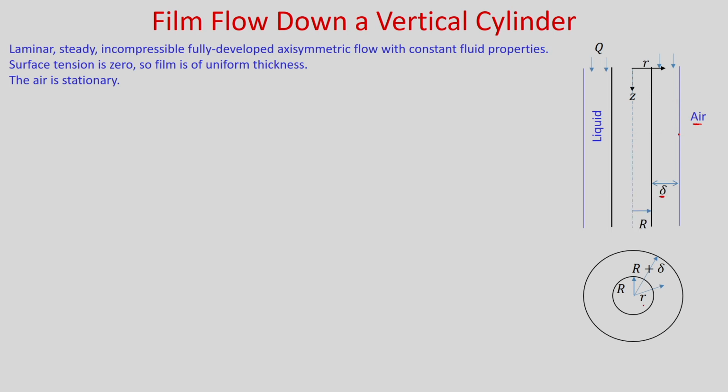So, you can see this is the cylinder, and outside you have a thin film of thickness delta. In this direction gravity will be there, and let us say this is g acting in the positive z direction.